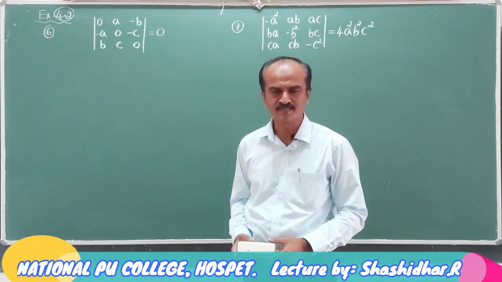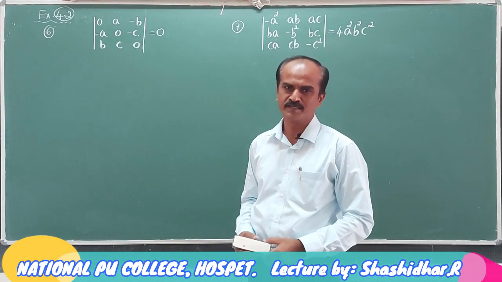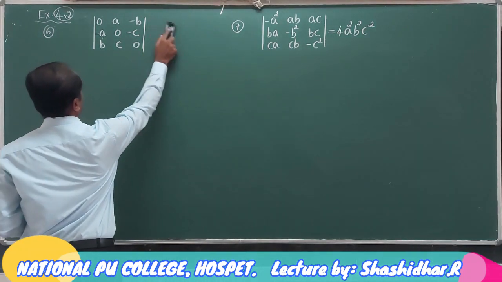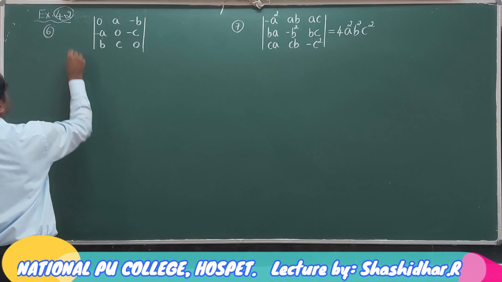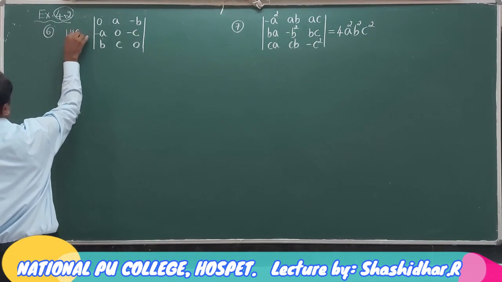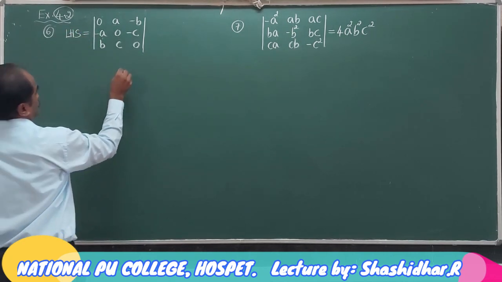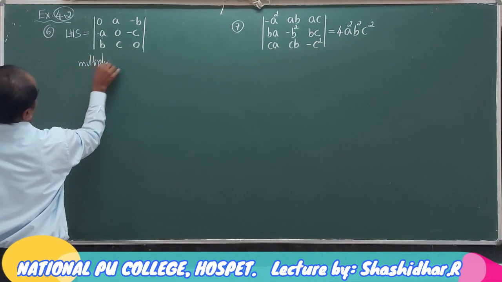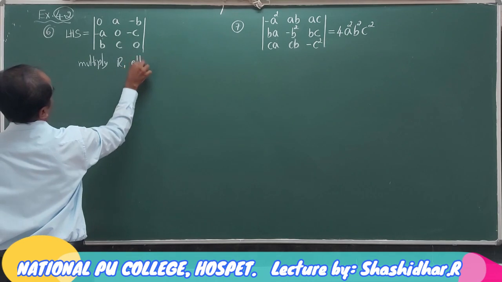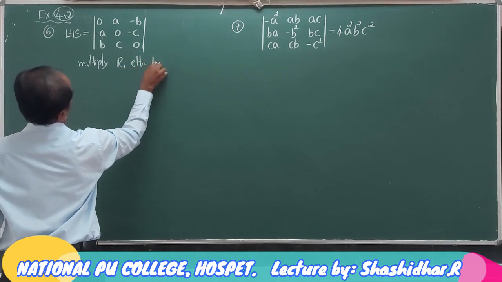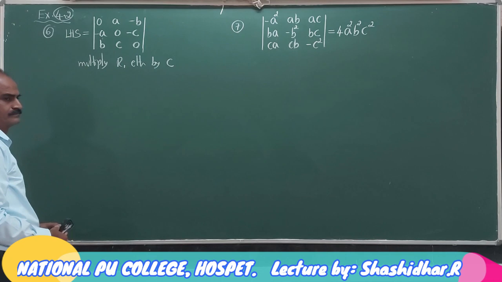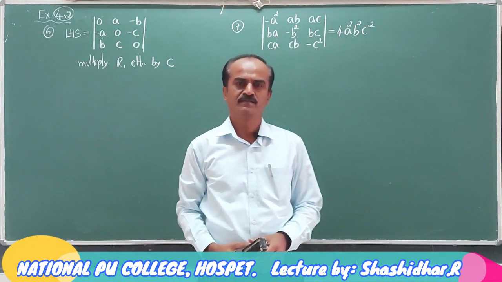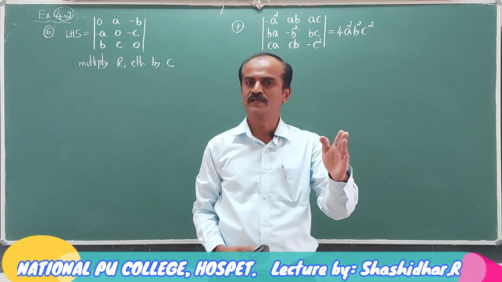In question 6 also, it is required to show that the determinant is 0. Let me write some operation so that this determinant becomes 0. Now I multiply R1 elements by C. So what is the procedure of multiplying a real number to a determinant?